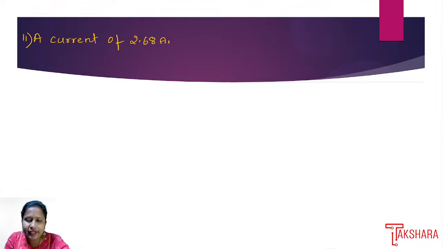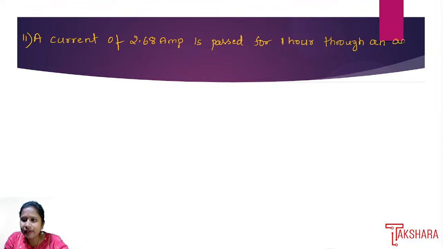A current of 2.68 ampere is passed for 1 hour through an aqueous solution of copper sulfate, CuSO4, using copper electrodes.